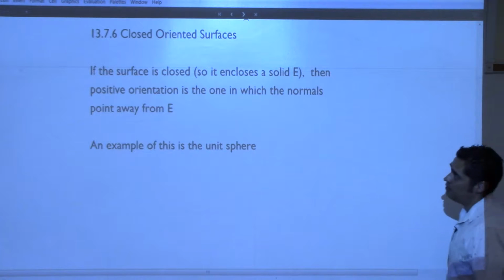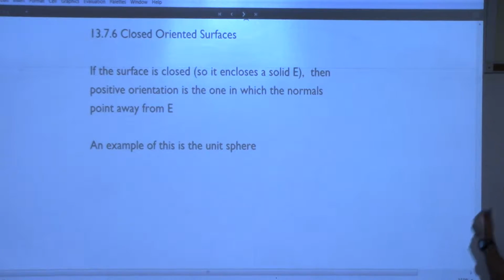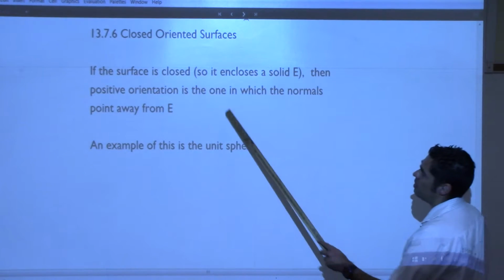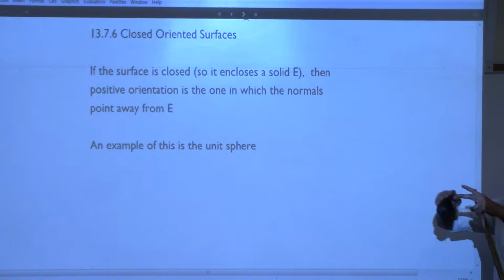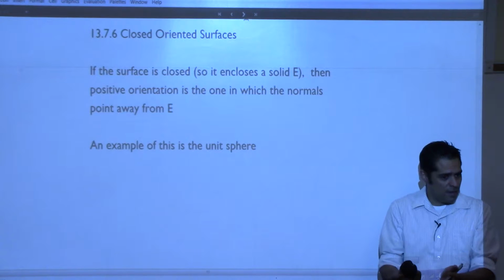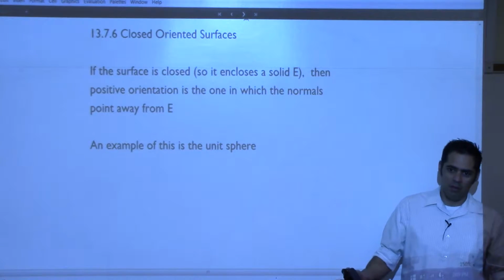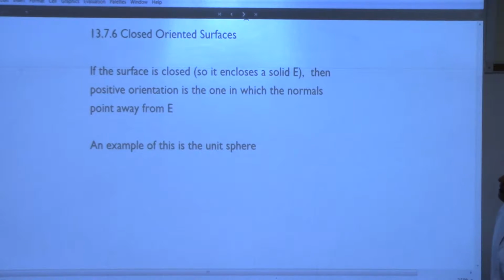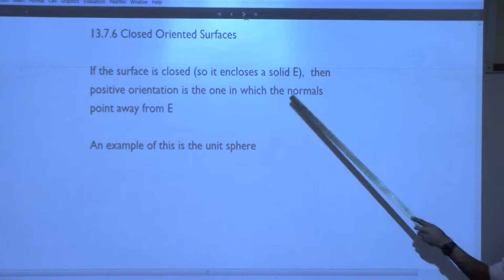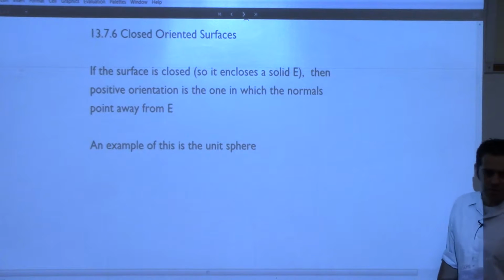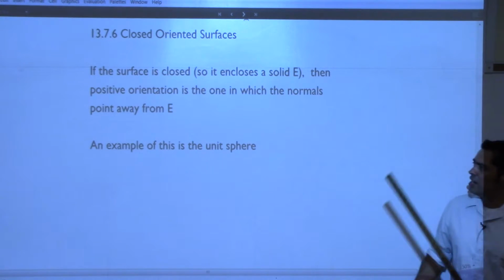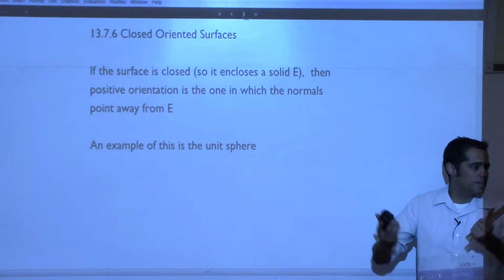With all that said, we now want to talk about a closed oriented surface. So if the surface is closed so that it encloses a solid E, so imagine you have a surface that actually closes itself off. A sphere is a great example of a closed surface. The solid which it encloses we call E. Then positive orientation of the surface is the orientation where the normal vectors point away from the solid.